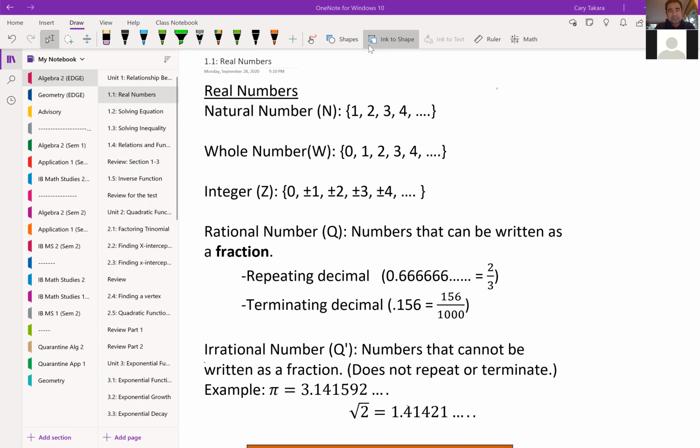Some textbook don't even talk about natural and a whole number, right? Because they are pretty much the same.